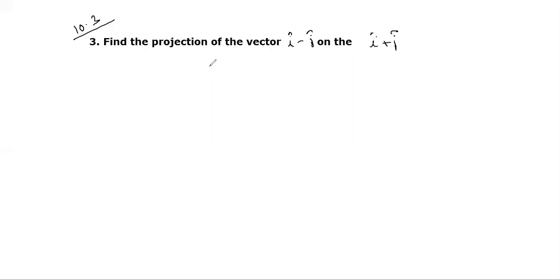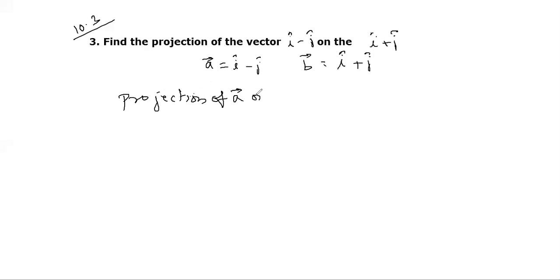Now find the projection of vector A. Suppose vector A is equal to i minus j, and vector B is i plus j. Find the projection of A on B. The projection of vector A on vector B is equal to A dot unit vector of B, and the unit vector of any vector is the vector divided by its magnitude.